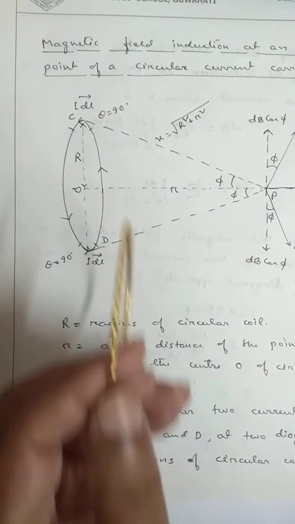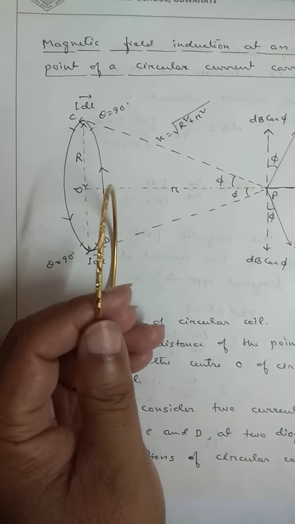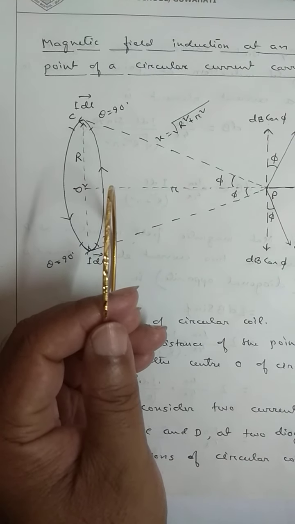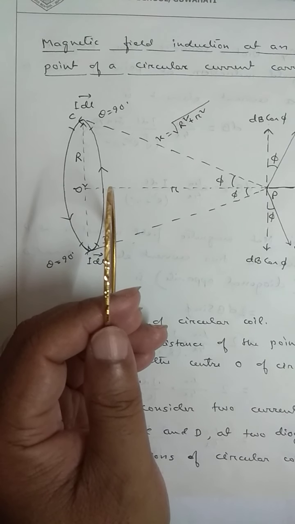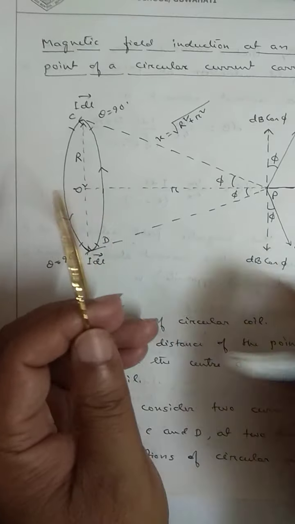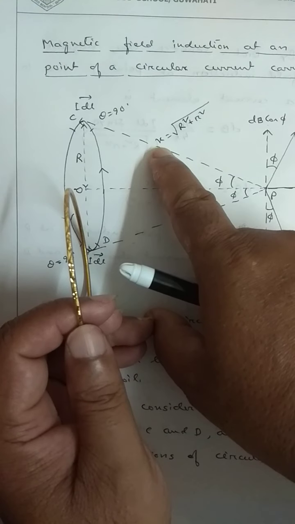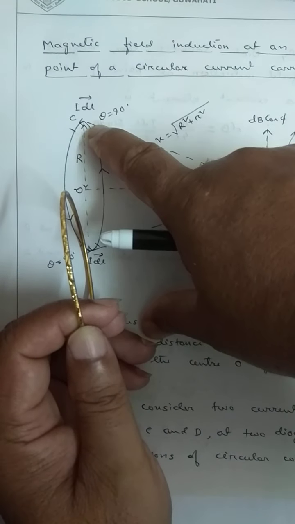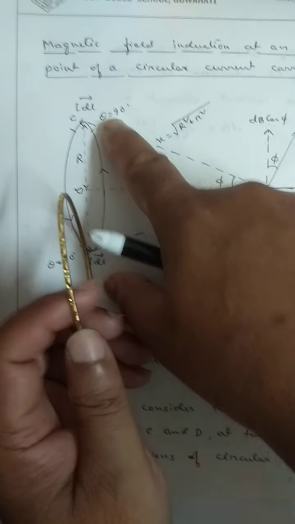What is the Biot-Savart law? Mu 0 by 4 pi, I dl sine theta, divided by distance squared. So the distance squared is this. What is theta? In this case, theta is 90 degrees.